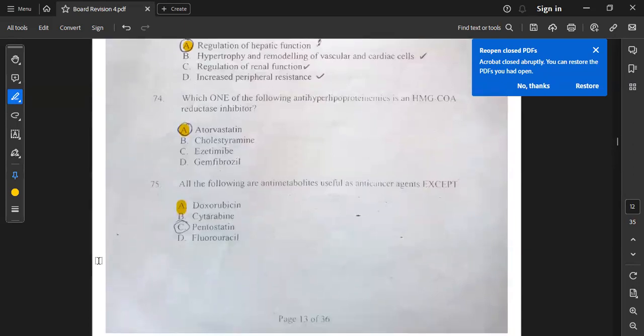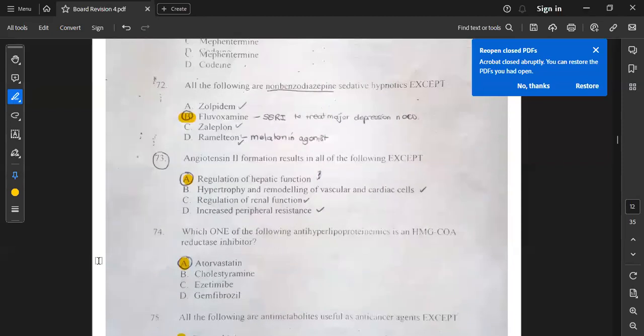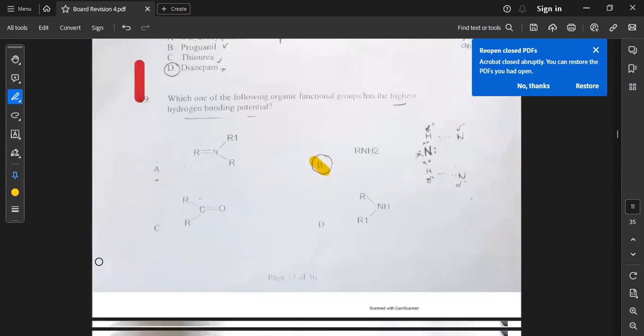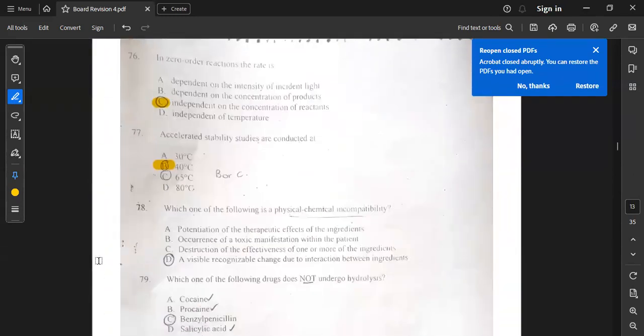Did you mean 75, the one about accelerated studies? The temperature is 40 degrees, and relative humidity, 75% for 6 months.